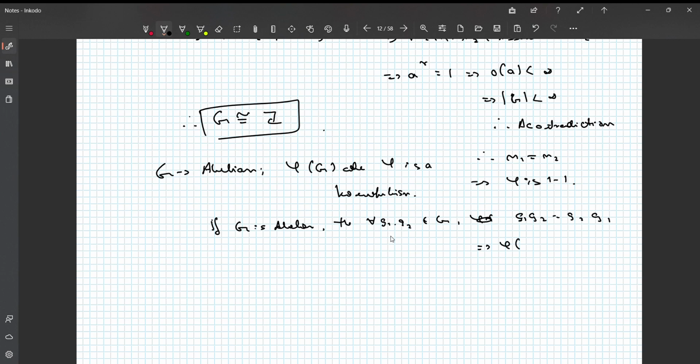But that implies phi of g1 g2 must equal phi of g2 g1, because to ask a question about a homomorphism, the homomorphism must at least be well defined. But that means phi of g1 times phi of g2 must equal phi of g2 times phi of g1, right? And g1 and g2 are arbitrary elements, so phi g1, phi g2 are arbitrary elements from phi G. So that means phi G is abelian as well.